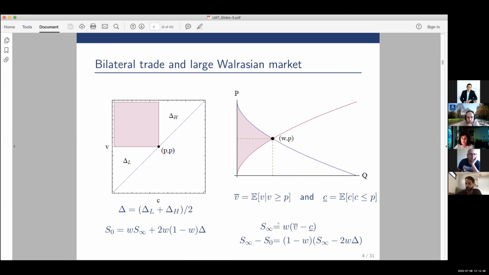The probability that you're above or below P times that expected surplus.